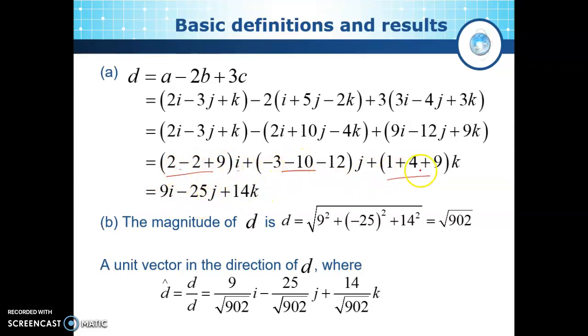Negative 25. 9 plus 1 is 10, 10, 14, 14k. So the magnitude of D is the square root of 9 power of 2, negative 25 power of 2, 14 power of 2. Then you take the square root. A unit vector in the direction of D, so this is the answer.